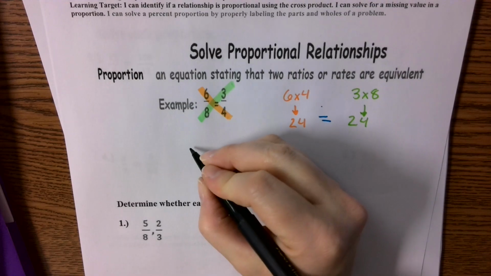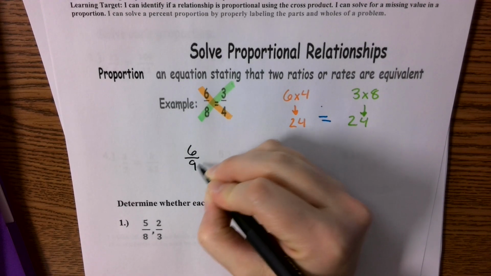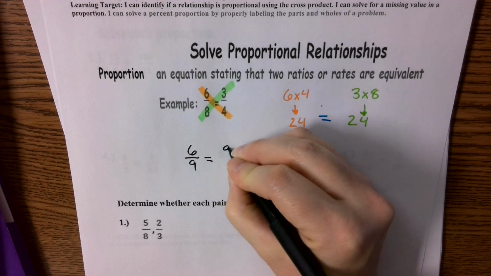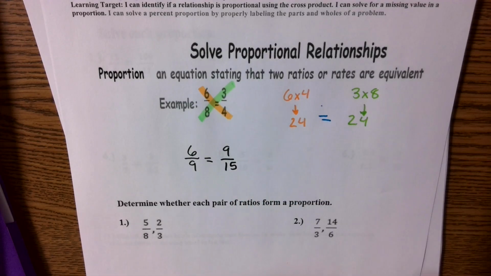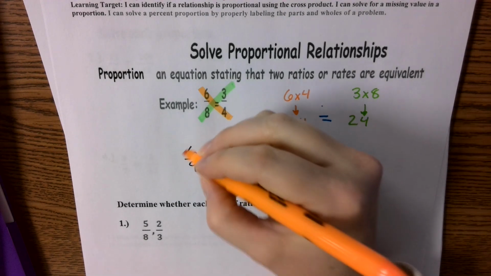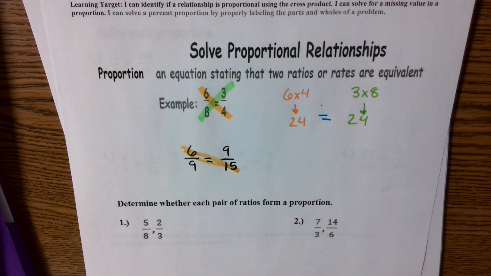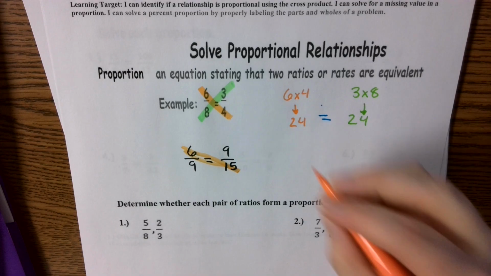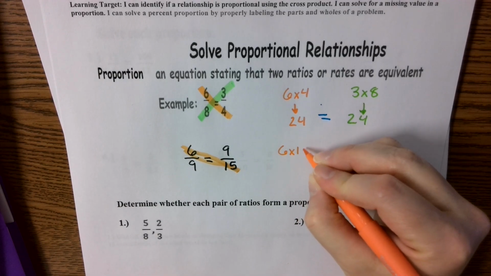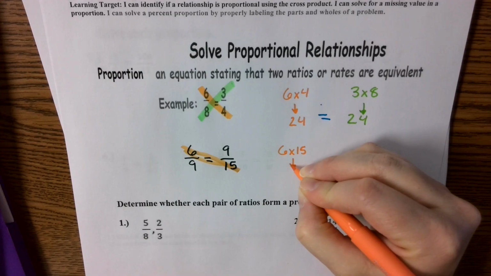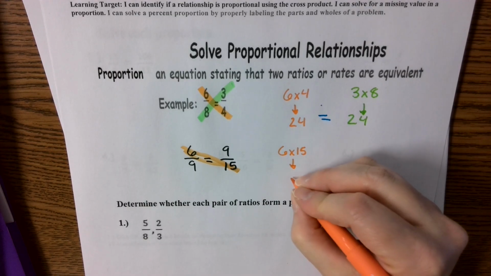Like let's say that we have 6/9 and I want to check to see if this is truly a proportion or not to 9/15. Again, all I would have to do is just multiply my diagonals. So I would do 6 times the 15. What's 6 times 15? Okay.